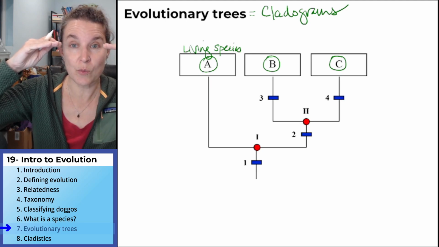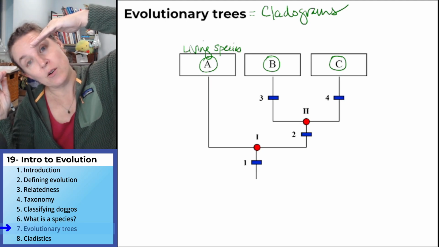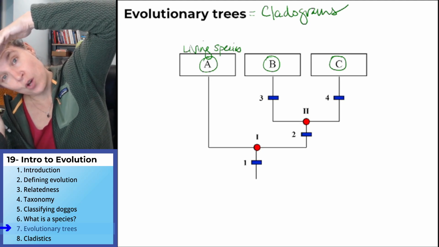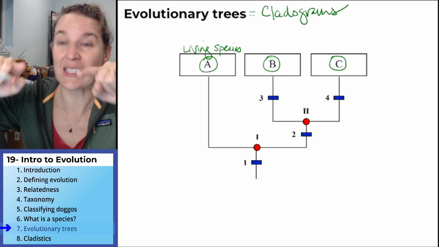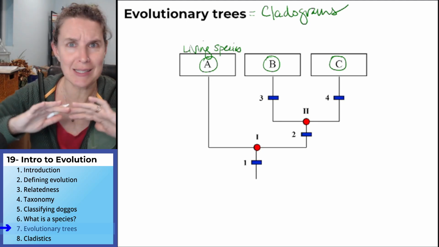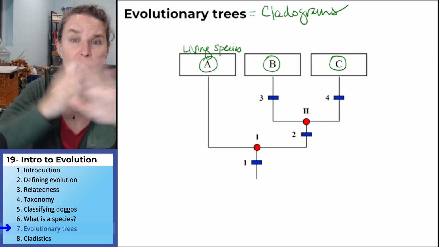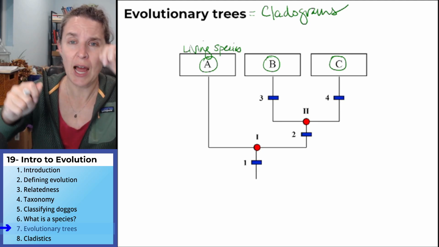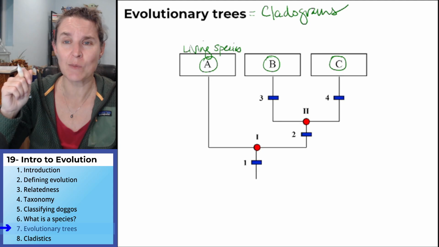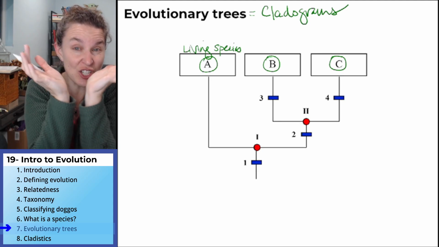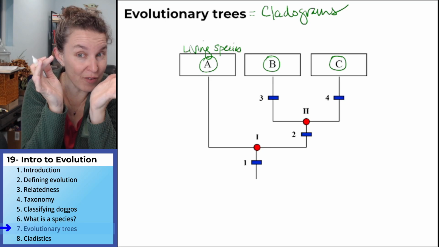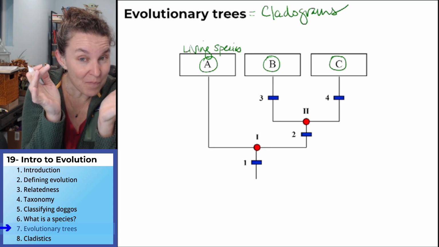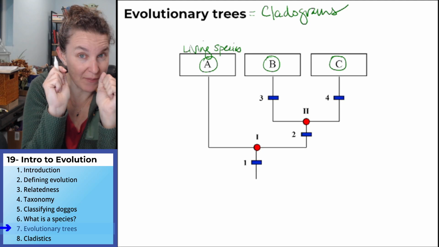Trees can be in any orientation. So I could show you this exact same tree upside down, and it's the same tree. I could flip it, it's the same tree. I could turn it on its side, it's the same tree. I could change the angles of the lines, and it's the same tree.